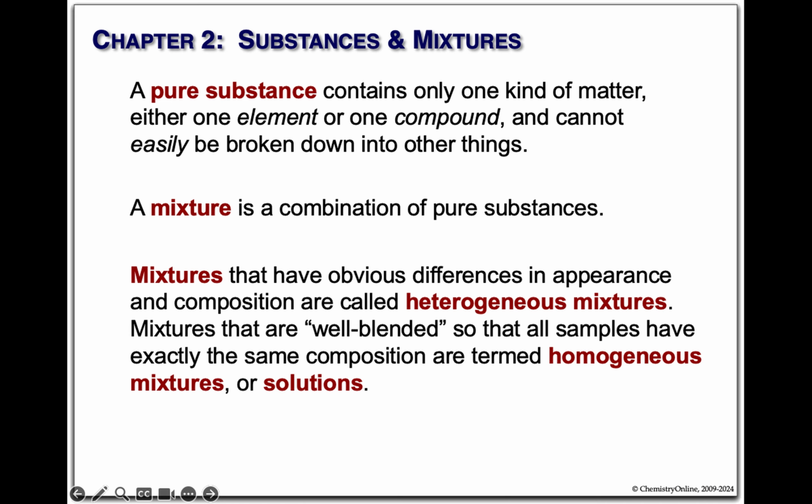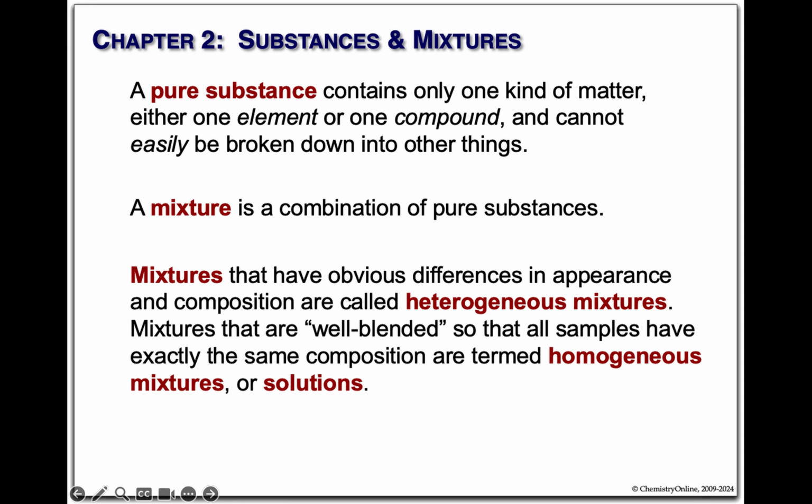Mixtures actually come in 2 flavors. One is heterogeneous, which means they're just mixed up. In a heterogeneous mixture, you can separate everything simply and manually. The other type is called homogeneous. You can still separate them, but they are very uniform.